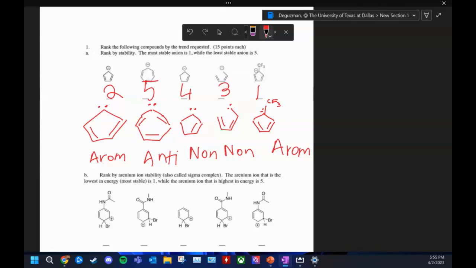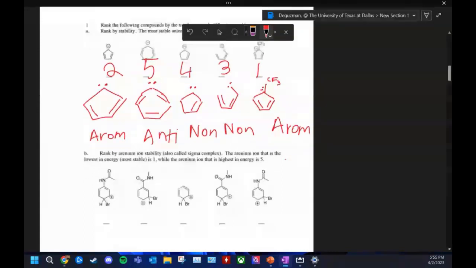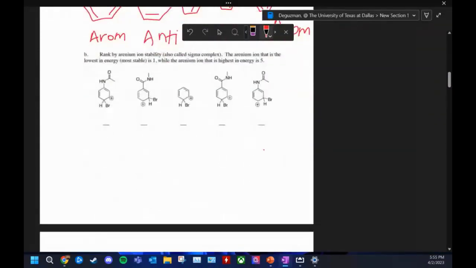Conjugation, right, perfect. So even though it's not really a ring, really not aromatic, it is conjugated. And that's really important. Even though number 4 has resonance, it's not quite as good as a properly conjugated diene.